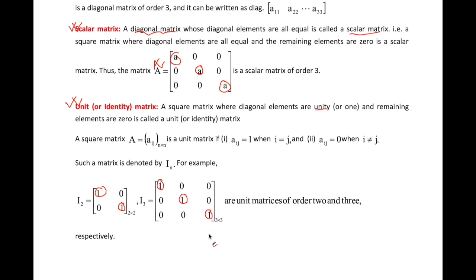Then if all diagonal entries are 1, then it is called a unit matrix, and it is denoted by I n, where n is the order of this matrix. I2 means it will be a 2 by 2 matrix. I3 means it will be a 3 by 3 unit matrix or identity matrix.